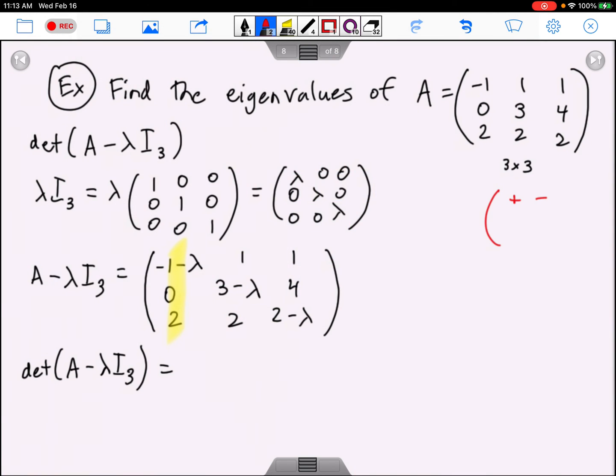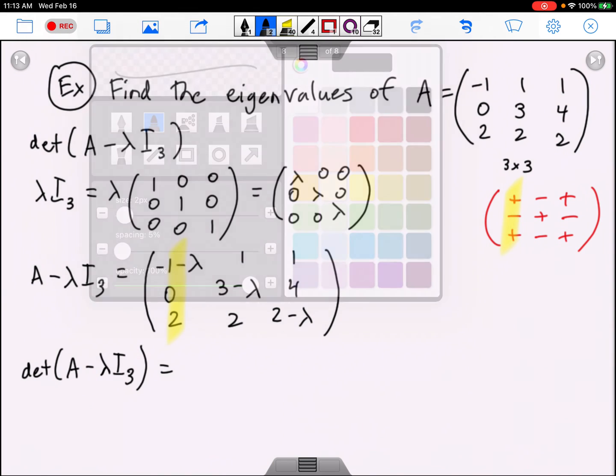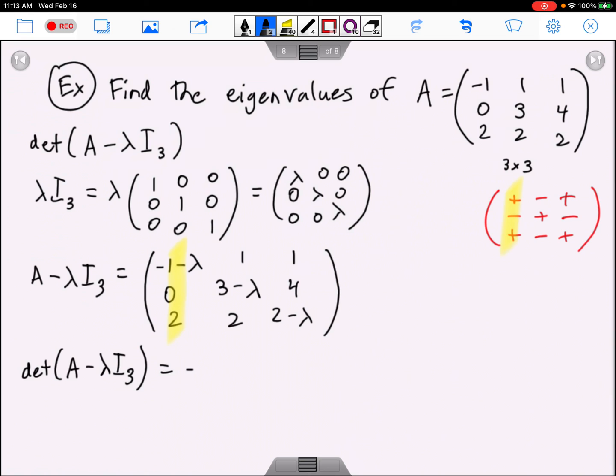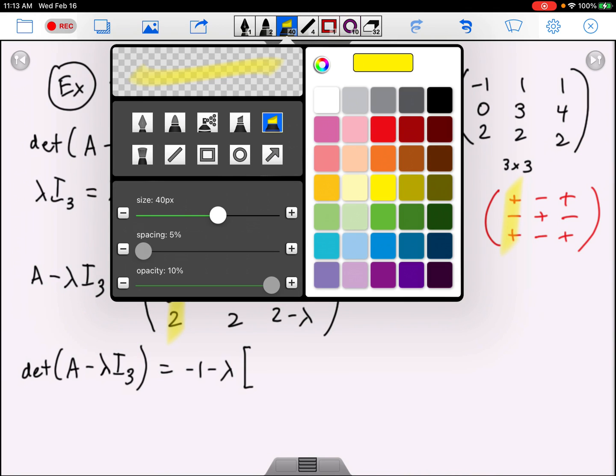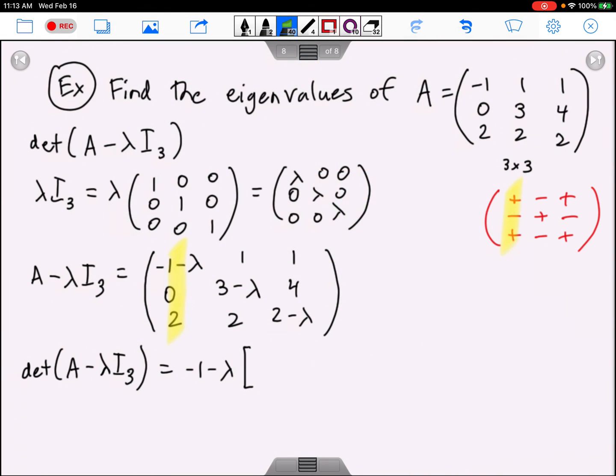Remember, our sign chart for a 3 by 3 looks like this. And so we're going this way. So our first one is going to be positive. And so it's going to be -1 minus lambda times, remember, we're doing the determinant of what's left when you delete the first row and the first column.